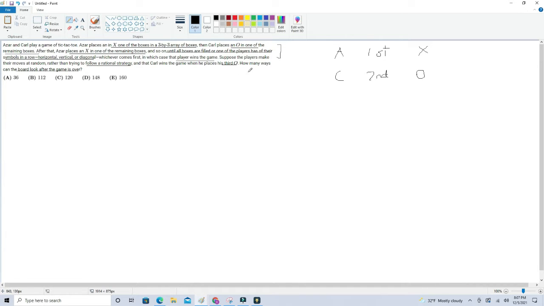It's trying to understand how many different configurations the board can look like. Another good thing worth noting is we don't have to care about rational strategies, because that would make the problem way harder. So we can just think about the physical configurations of what the tic-tac-toe grids will look like. We just need to figure out how many configurations there are such that Carl wins the game after he places his third O.